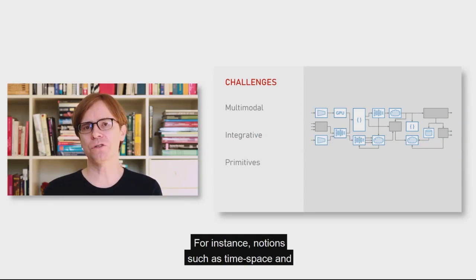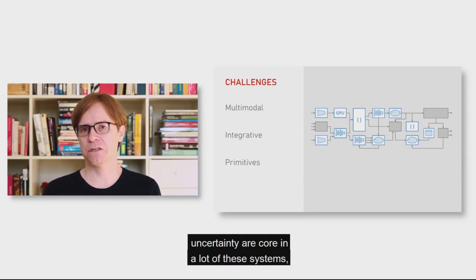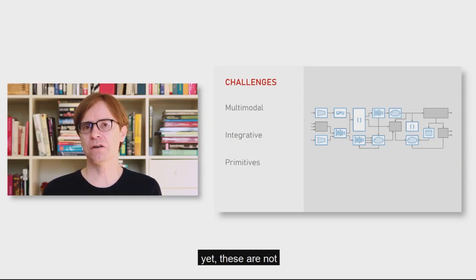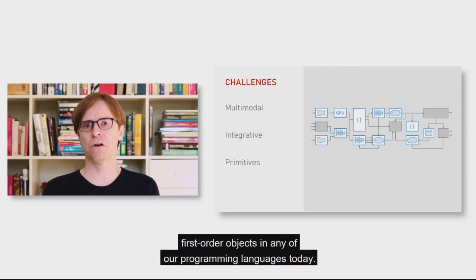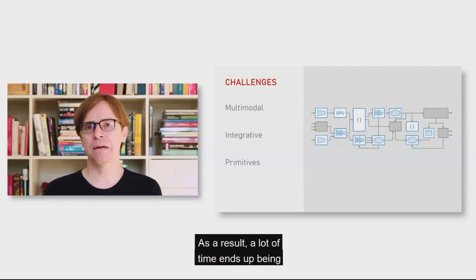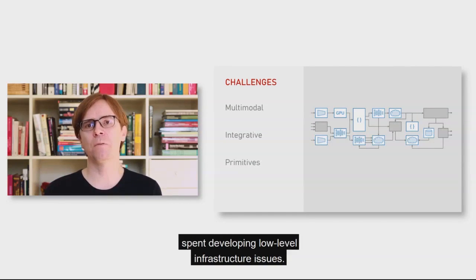For instance, notions such as time, space, and uncertainty are core in a lot of these systems, yet these are not first-order objects in any of our programming languages today. And as a result, a lot of time ends up being spent developing low-level infrastructure issues.